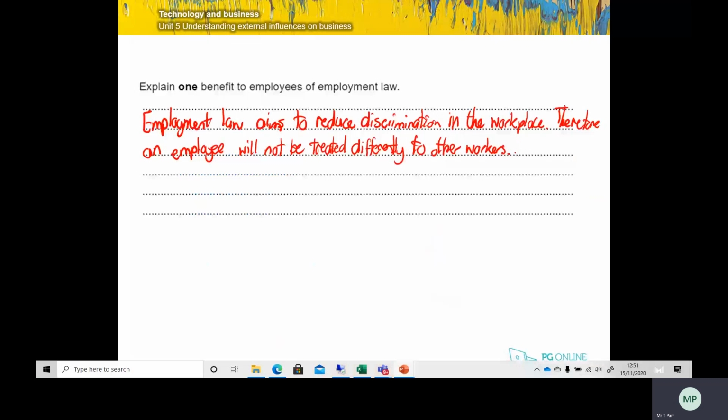As a result, the employee would be more likely to enjoy work and be more productive. It's stating the obvious.